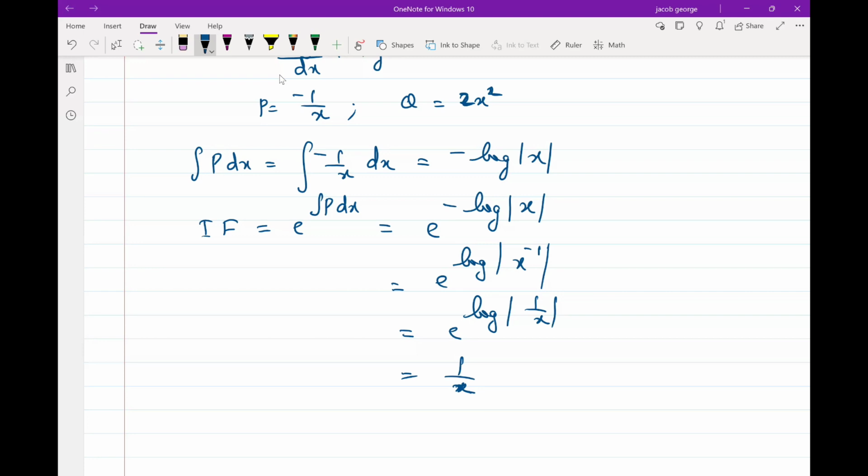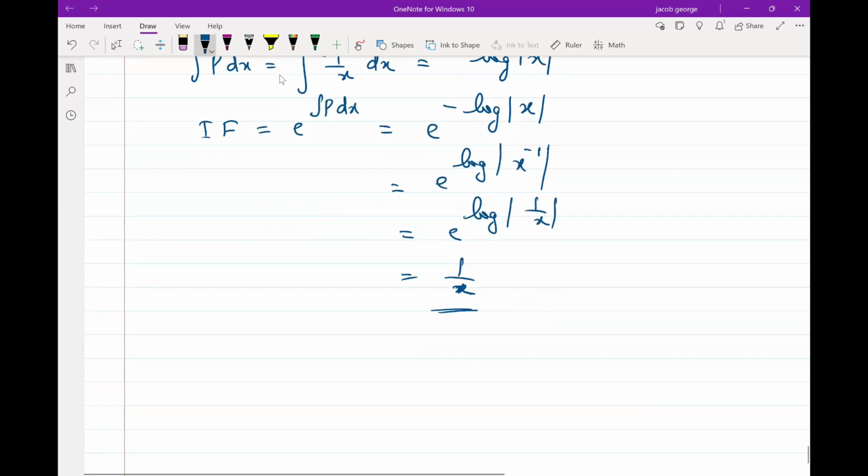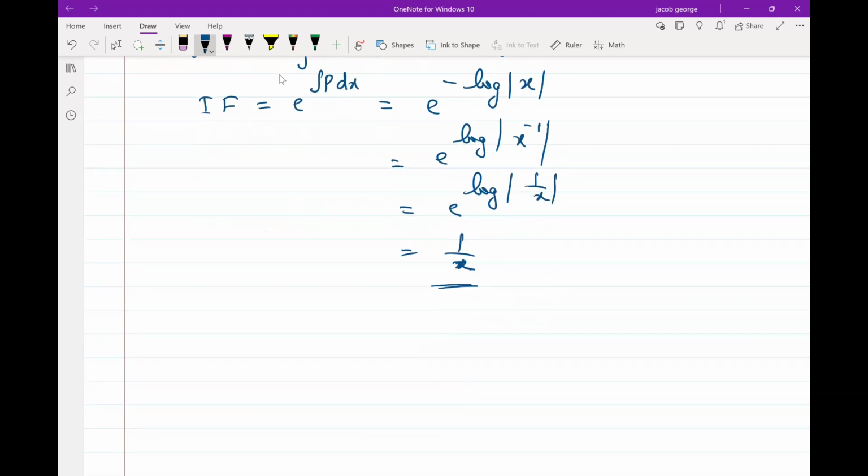Solution is, yes, how will you write the solution? y into integrating factor is equal to integral q into integrating factor dx.